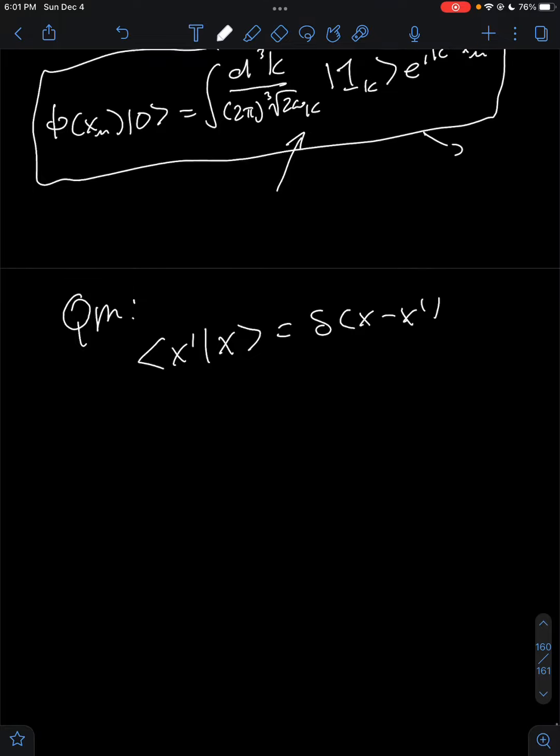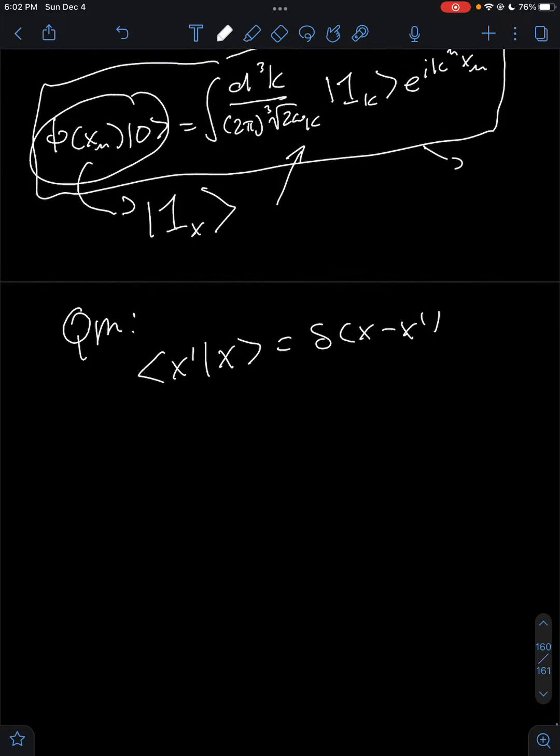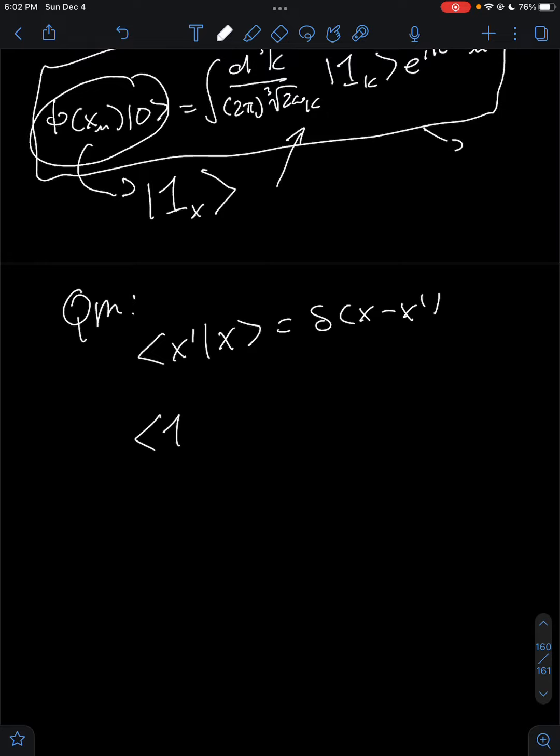So let's first assume that this is actually a position eigenstate. Let's call it |x>, where x is going to be the 4-position, right? If our assumption is true, that means that <x'| in a product with |x> should give us delta of x minus x prime. Again, this x is the 4-position in space-time.